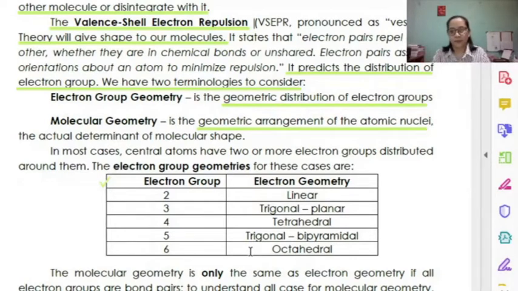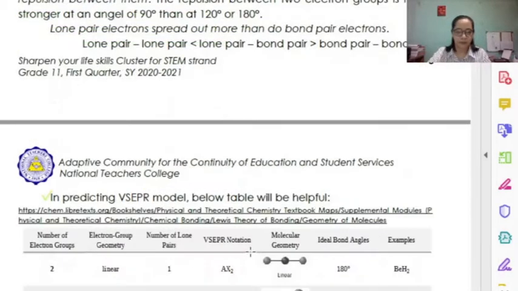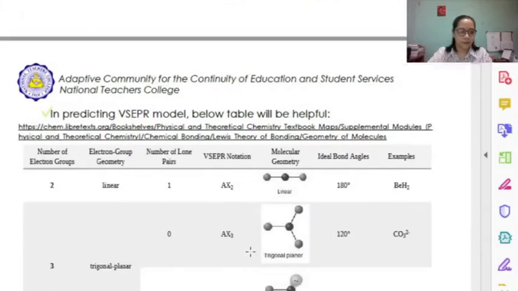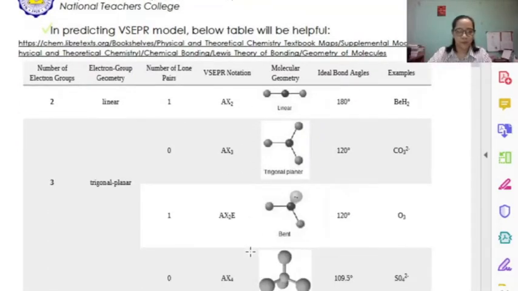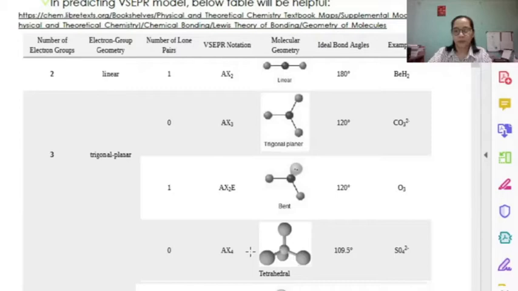Please be reminded also that when we talk about electrons in this module, we are talking about valence electrons.